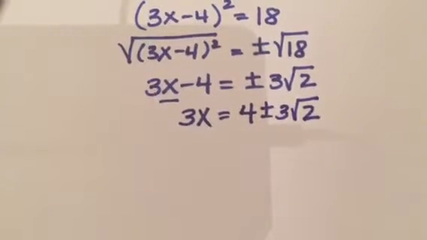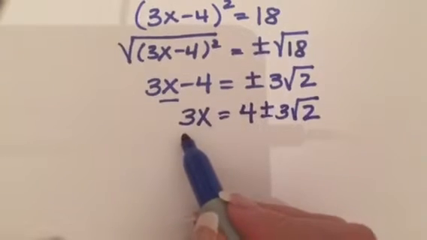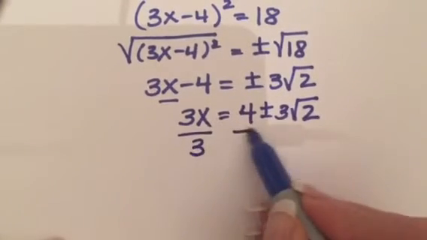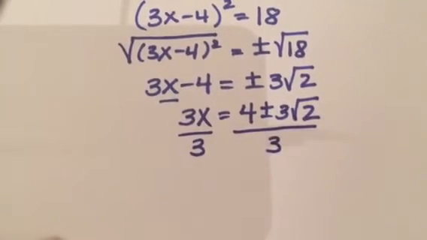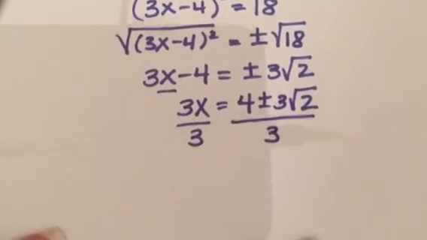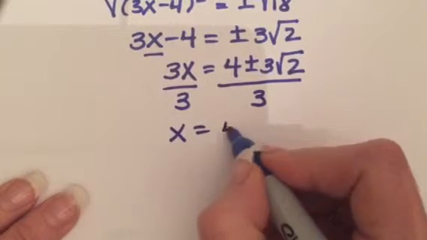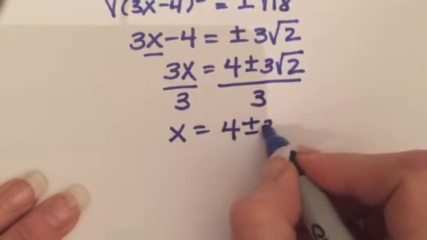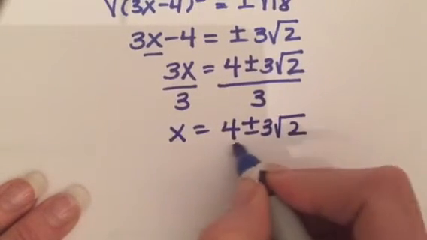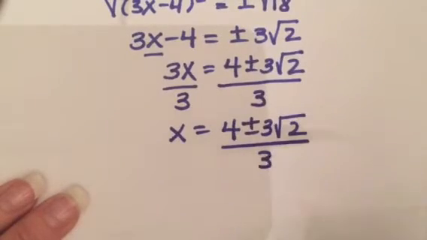Okay, and so now what we're left with is the 3x expression, which we, of course, can get rid of the 3 by division. So we end up with x is equal to 4 plus or minus 3 radical 2, all over 3.